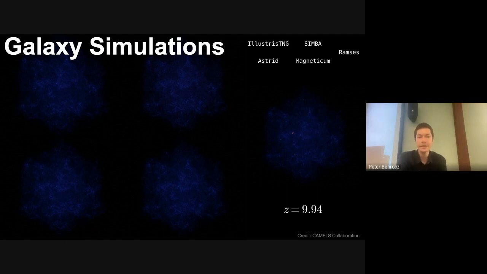And so what I'll show you now is 5 state-of-the-art galaxy simulations, which all start from the same initial conditions, all have the same distribution of matter in the universe, which is shown by these sort of 5 blue blobs here. And what you're looking at is a big chunk of the universe, enough for about 10,000 galaxies or so.